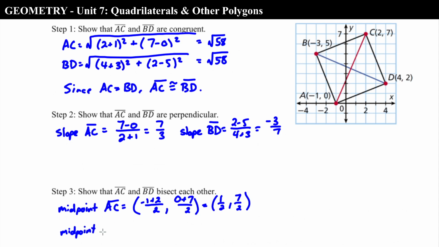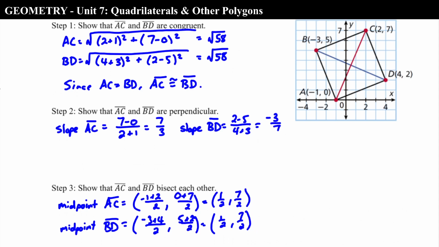And if it is, then they bisect each other. So the midpoint of BD, we're going to have (-3 plus 4) over 2, and we've got (5 plus 2) over 2. And that gives us 1/2, 7/2. So since the midpoints of both are in the same place, then they bisect each other. So that's the properties of squares.